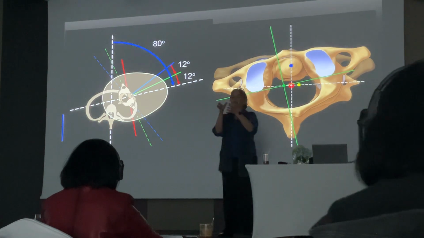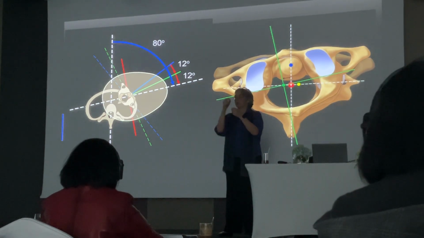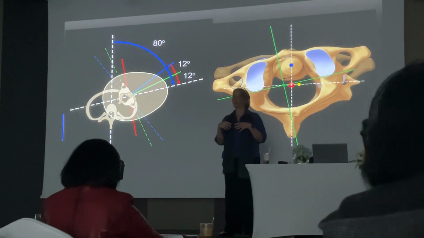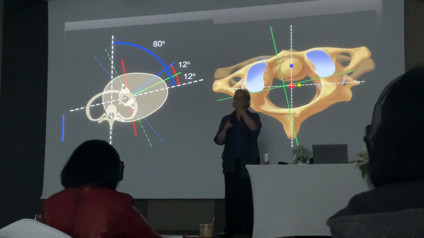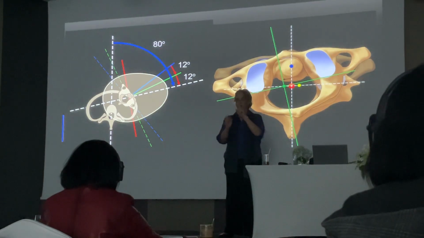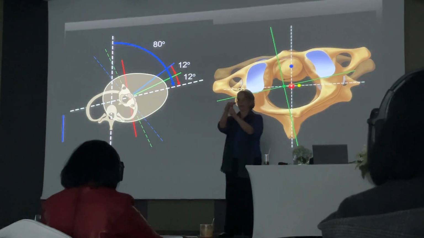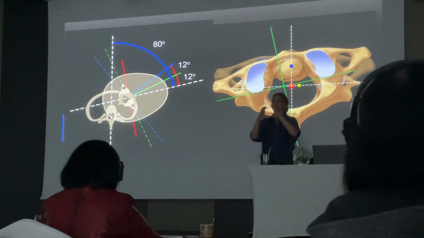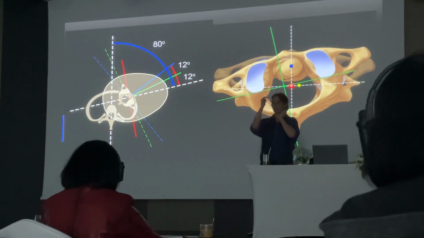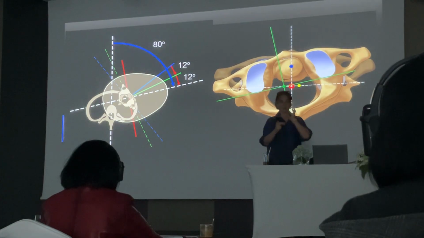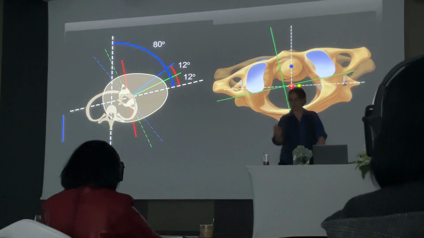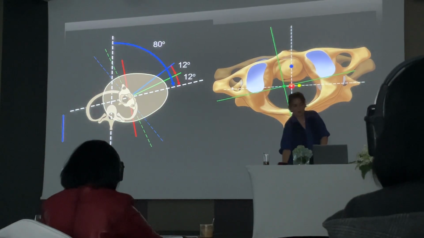Rotation has multiple elements. The 2 segments mostly responsible for rotation are C1 and C2, atlas and dens. That's one segment. The other part is the lower cervical spine from C3 to C7. And then there's a small part of the rotation that happens between C1 and C0.